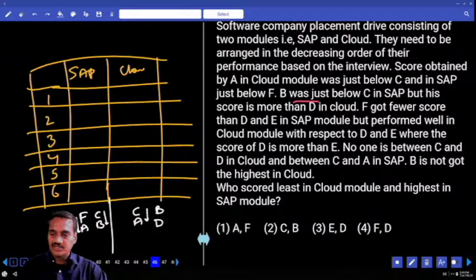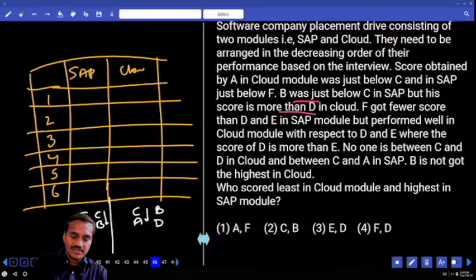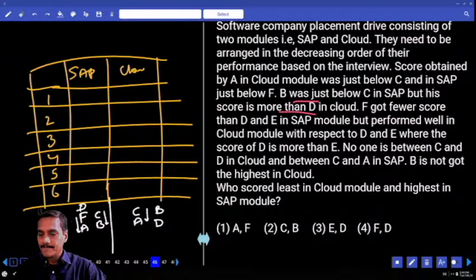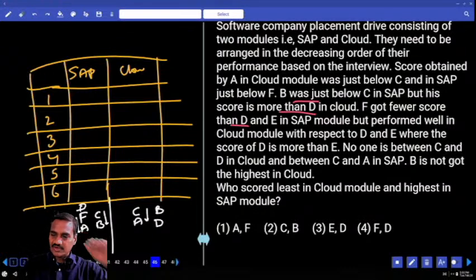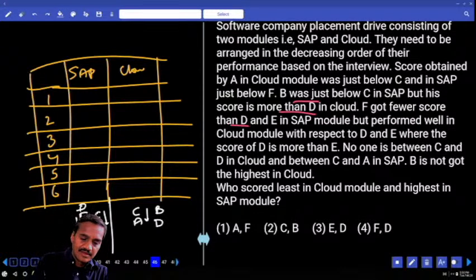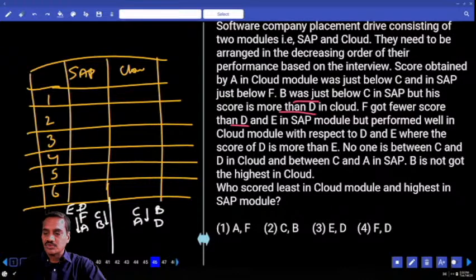Here the word immediate is not given. And F got fewer score than D in SAP. Now F got less than D and E in SAP module. Between D and E, who scored more in SAP is not known.